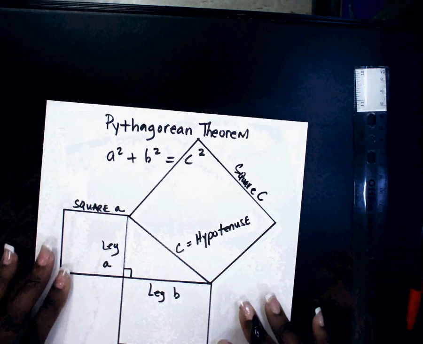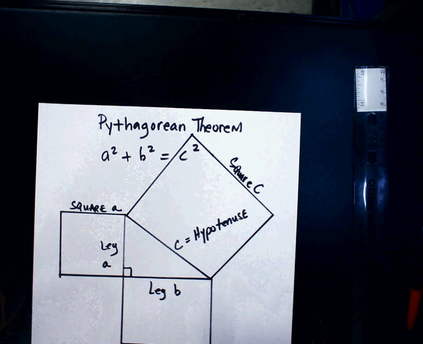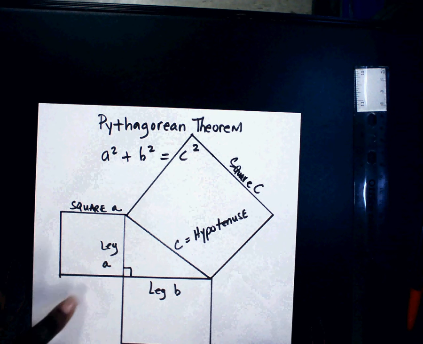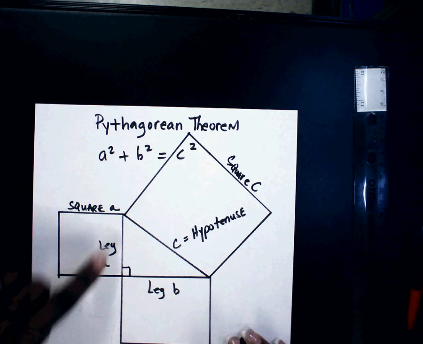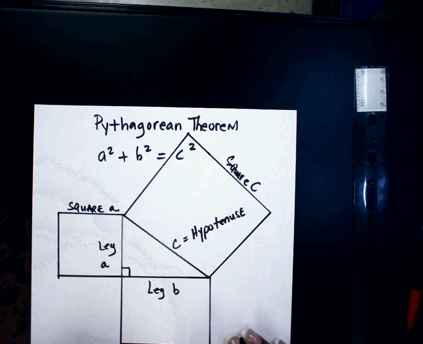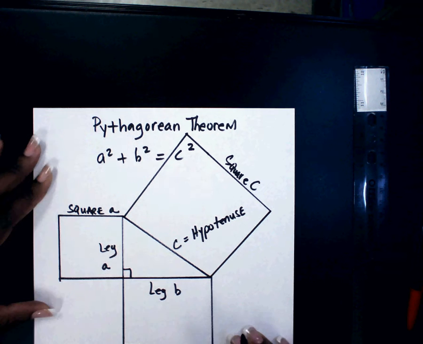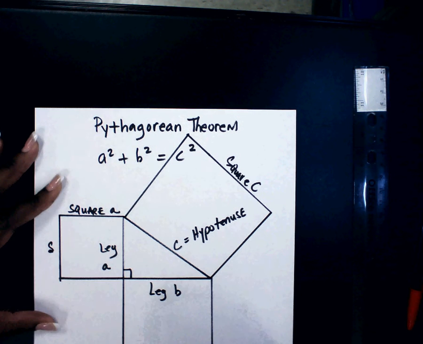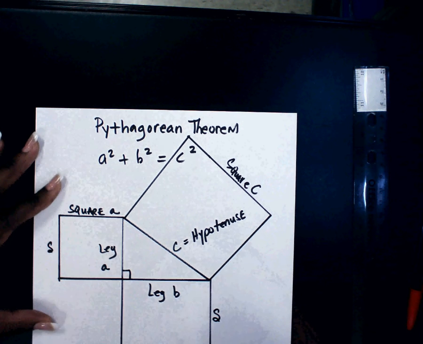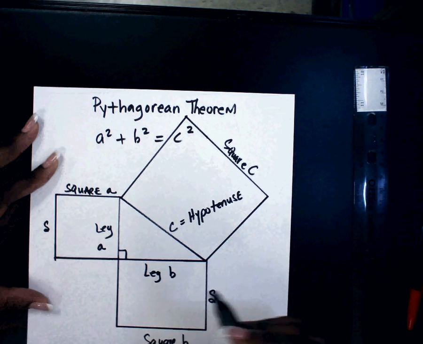So if I was to tell you that there is a relationship between the sides of a square and the side of the corresponding right triangle, then we can also say that this is represented with S for side. We can also say that it's a side on this square, and then there's also a side here.